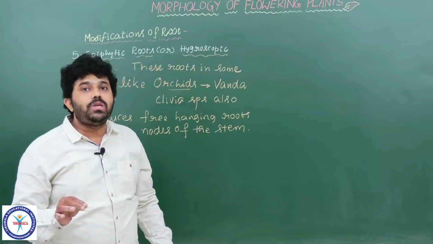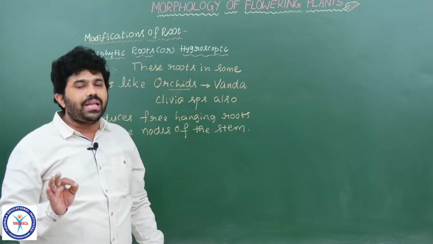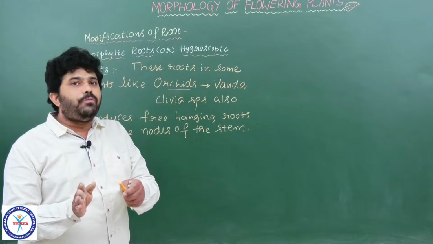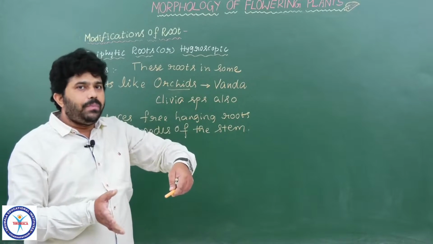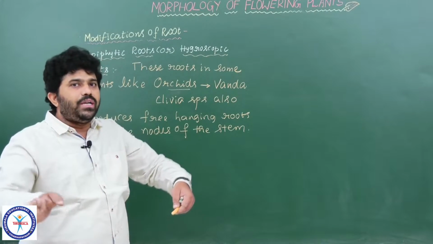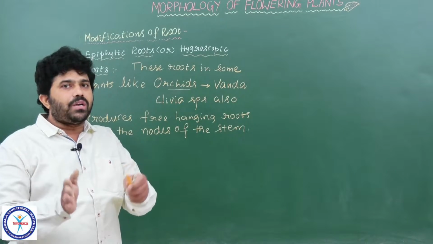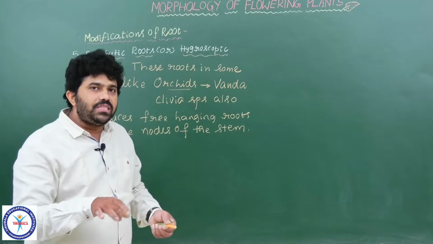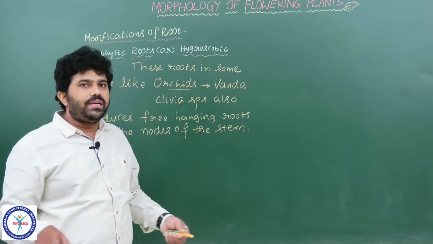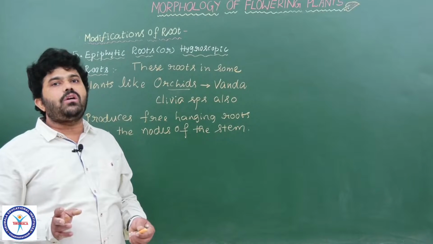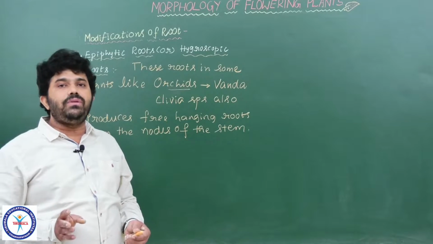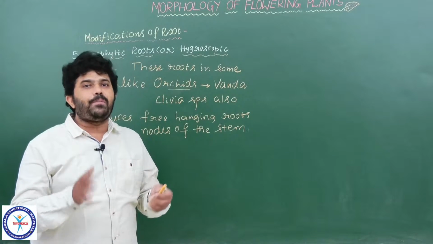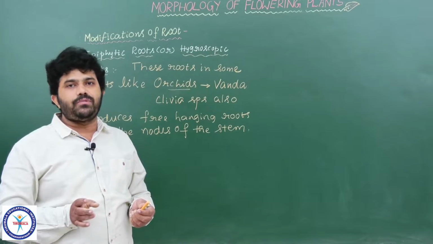They are non-absorptive roots. They do not absorb materials. They only penetrate into the cracks or breaks of the bark on the huge branches of big trees, and they are very useful for giving support to the plant body, keeping it in the right position.